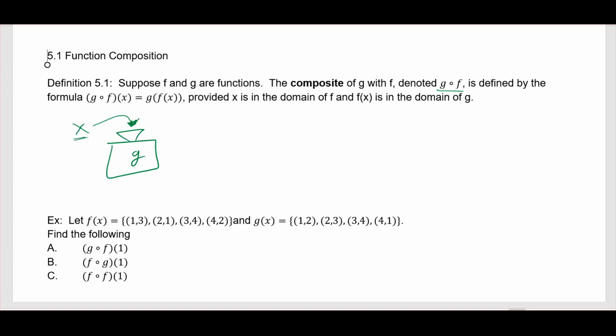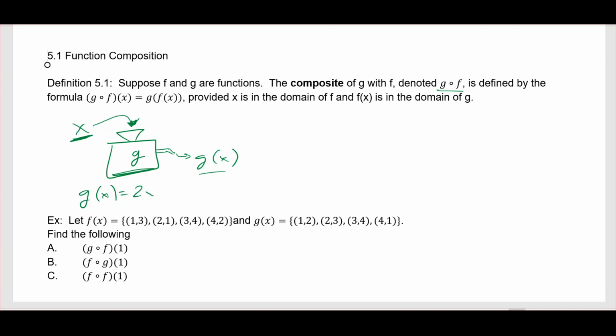I would start with my x value, and I would put that into the function g, and then out it spits g of x, right? For example, maybe if g of x is 2x, I would take whatever x value it is, and the function g is just going to multiply that number by 2, and then it's going to spit out that value right there.